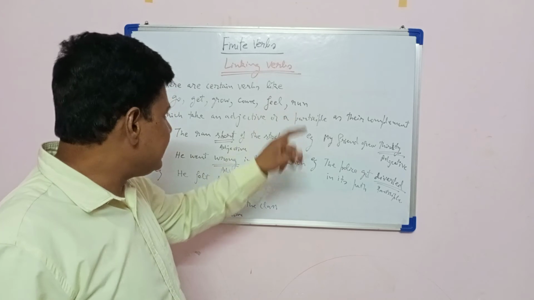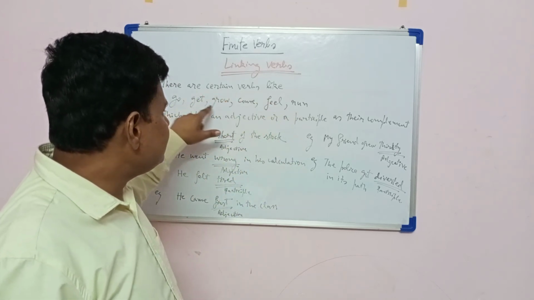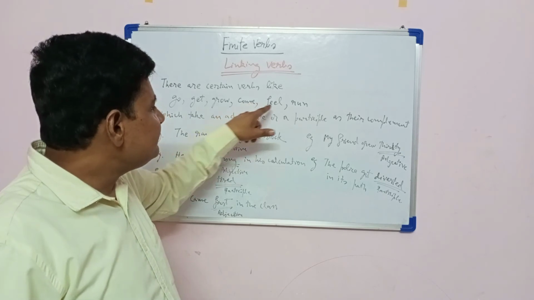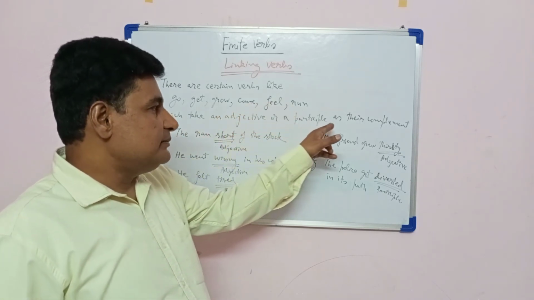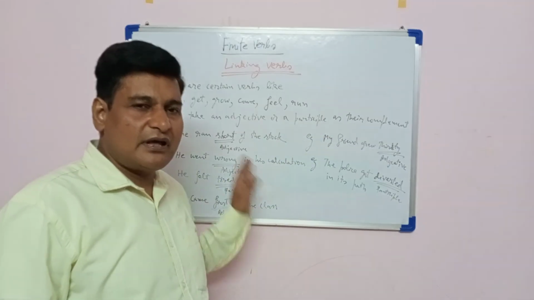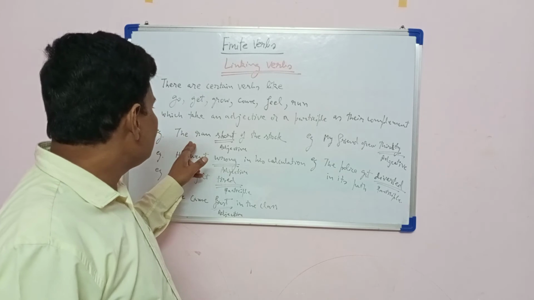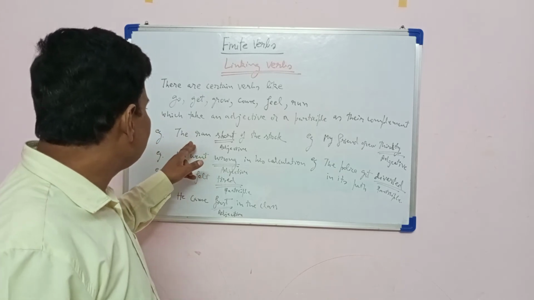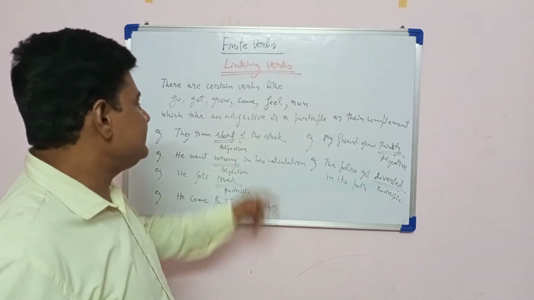Let us have a quick recap. There are certain verbs like go, get, grow, come, feel and run. These take an adjective or a participle as their complement. These are our linking verbs. They ran short of the stock.